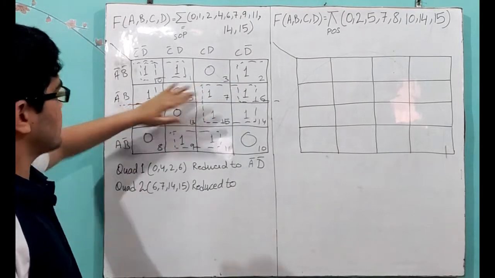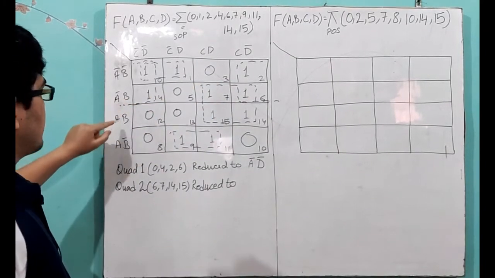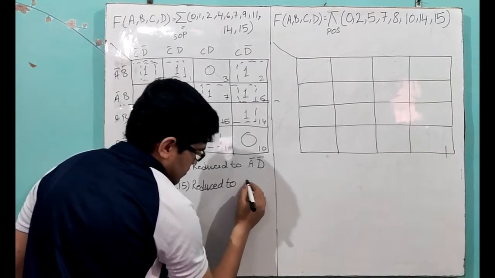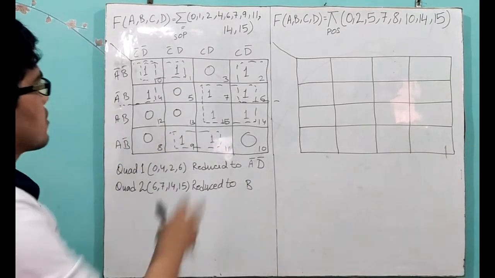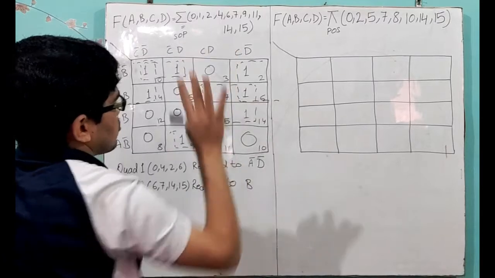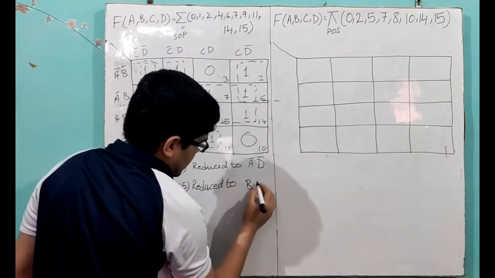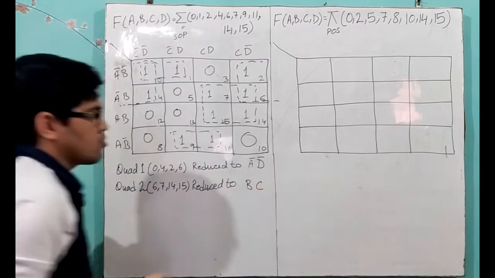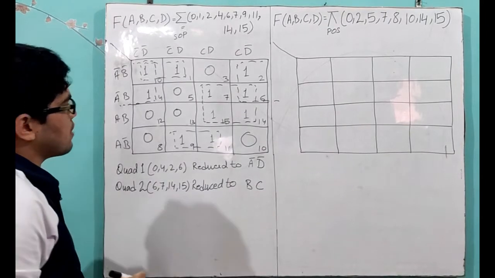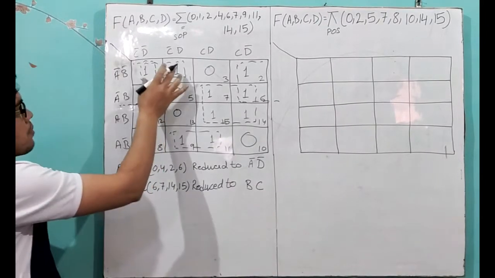For these cells, A bar B, A B, so B is not changing. C D bar, C is not changing. So for this quad, the solution is BC. Now we will move to the pairs. Pair 1.